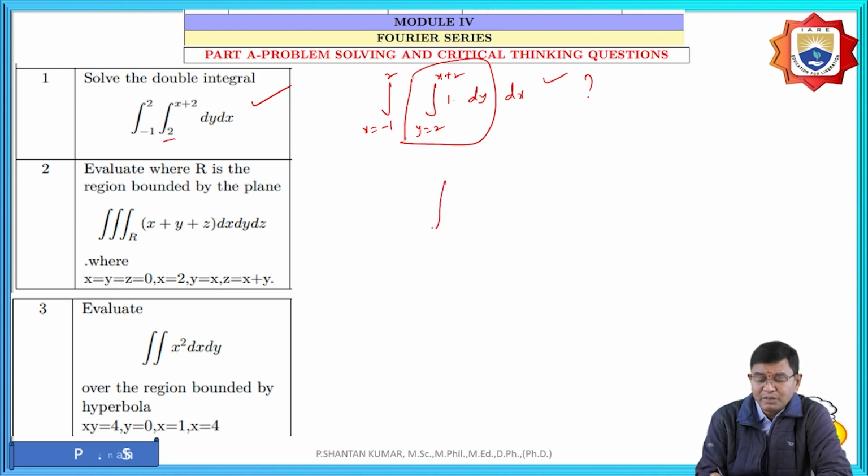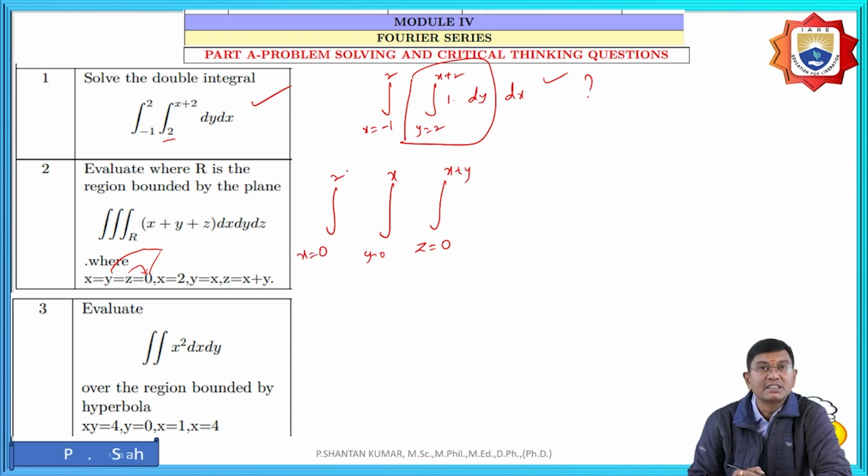First of all, whatever the maximum limits are given, those are variables. We assume z is equal to 0 as the lower limit, and then the upper limit z is equal to x plus y. After that we find y: y is equal to 0, and the upper limit is y equal to x, as given in the conditions. Then we assume x is equal to 0, and the upper limit is the constant limit.